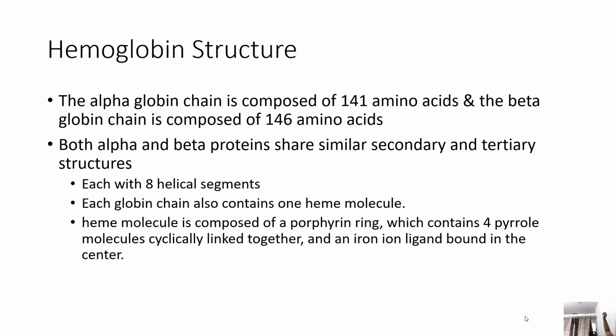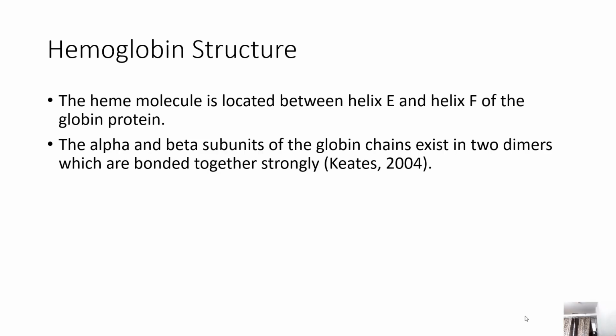The heme molecule is composed of a porphyrin ring, which contains 4 pyrrole molecules linked together, and an iron ion ligand bound in the center. The heme molecule is located between helix E and helix F of the globin protein. The alpha and beta subunits of the globin chains exist in 2 dimers which are bound together strongly.